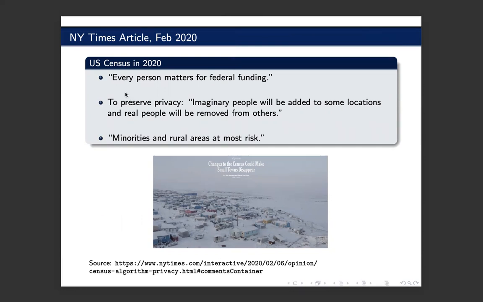That's a fact, and it is absolutely true everywhere, I guess. And then they add, imaginary people will be added to some locations and real people will be removed from others. Minorities and rural areas are at most risk when this kind of new technique is employed.